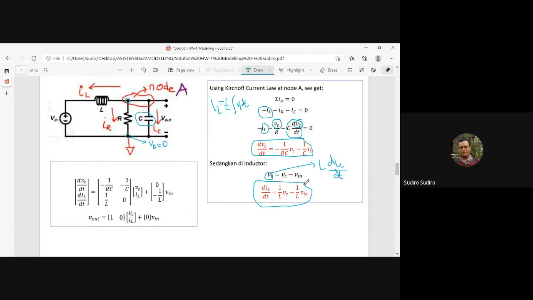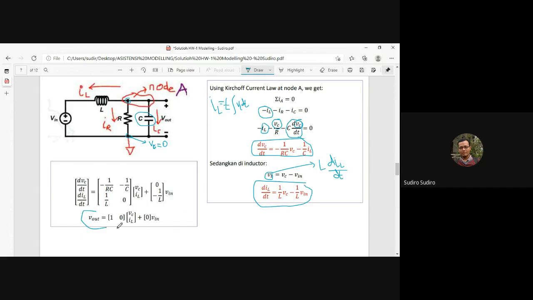Then we know that the output voltage in this circuit is parallel to the capacitor, so automatically the output voltage is equal to Vc, and then we can construct the state space representation like this, and Vout is equal to Vc.